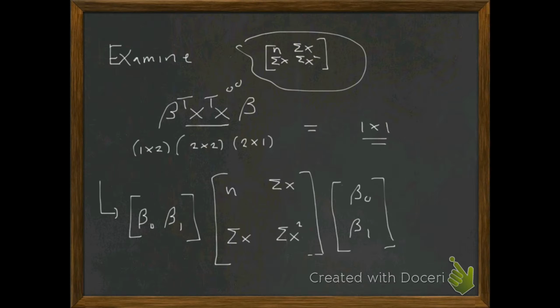Now, what I want to do first is see what the product of the first two matrices looks like. So what am I expecting? I'm expecting a 1 by 2 matrix. So I'm expecting one row, and I'm expecting 2 entries.